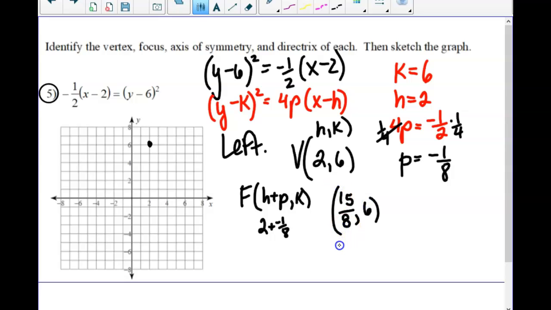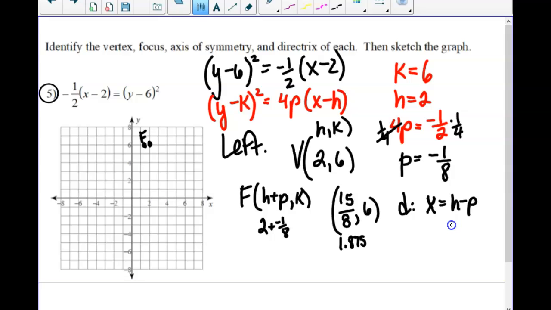As a decimal, guys, was it 1.875 or something? So it's just to the left, like you can't even get it close enough on your paper. And the directrix is x equals h minus p.